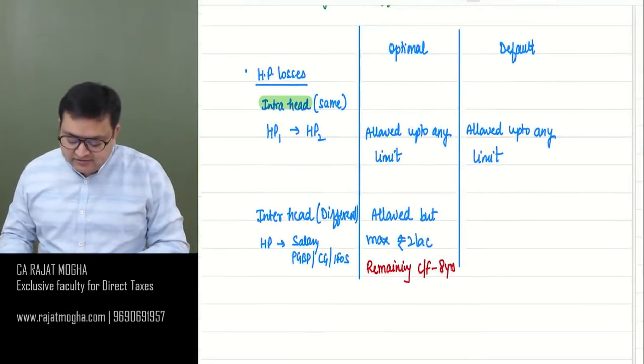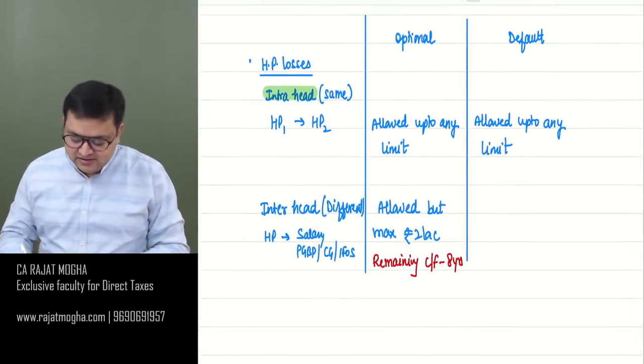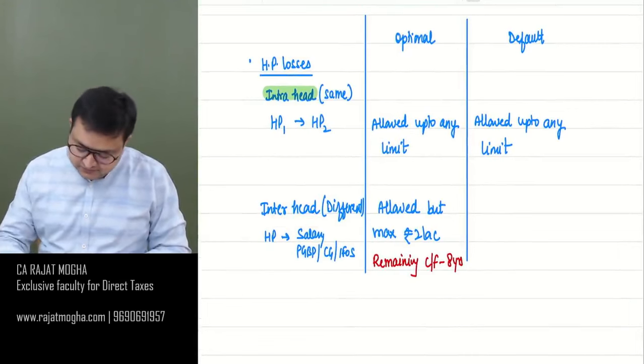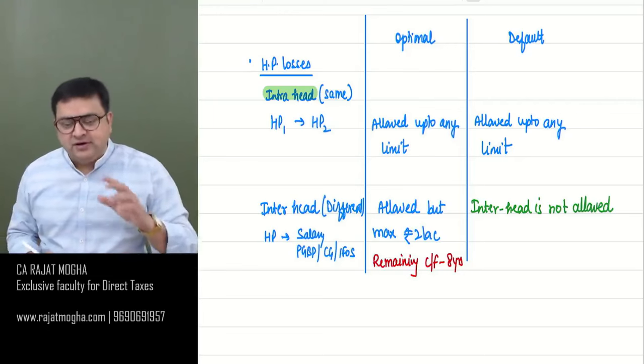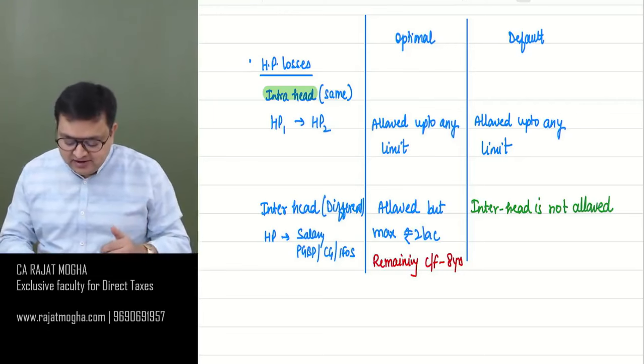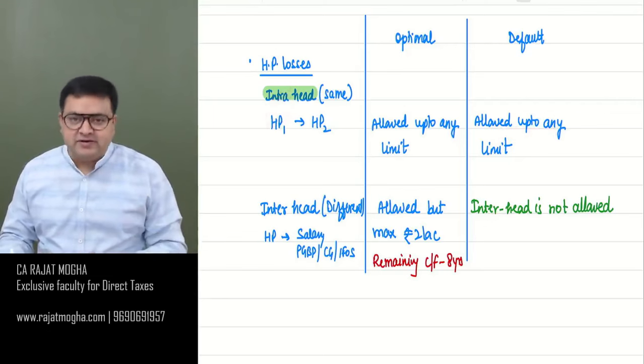But as far as default regime is concerned, inter head is not allowed. We cannot set it off from any other head. We can set it off from the same head, that is intra head, that is okay in default, but from a different head we cannot set it off.